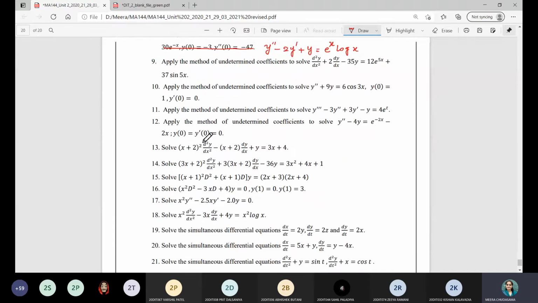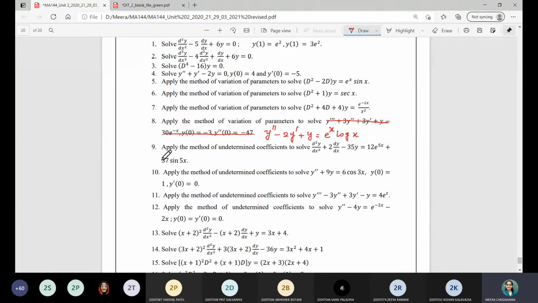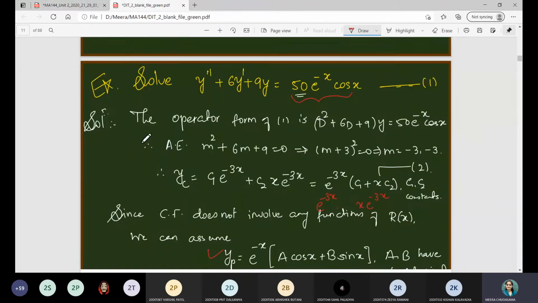Yes, so here in the method of undetermined coefficients, first of all we will consider the examples from the classwork list, right? So the first example is, let me write it over here.